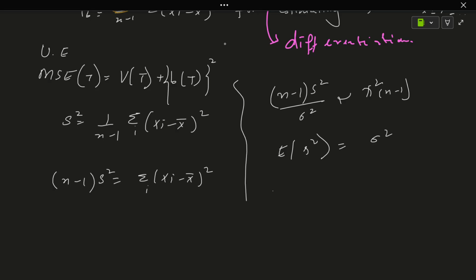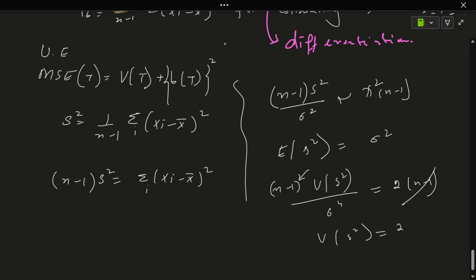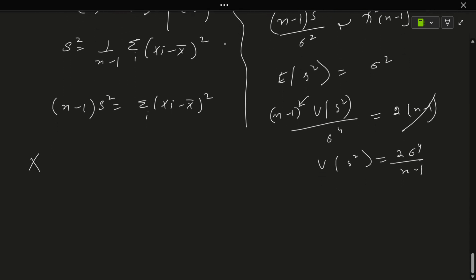And what's the variance of this? This is n minus 1 whole square. Variance of s square divided by sigma 4 is equal to 2 times n minus 1. So this will get cancelled out with this. So variance of s square is equal to 2 sigma 4 divided by n minus 1. Why? See, if xi follows chi square n, then expected value of xi is equal to n.